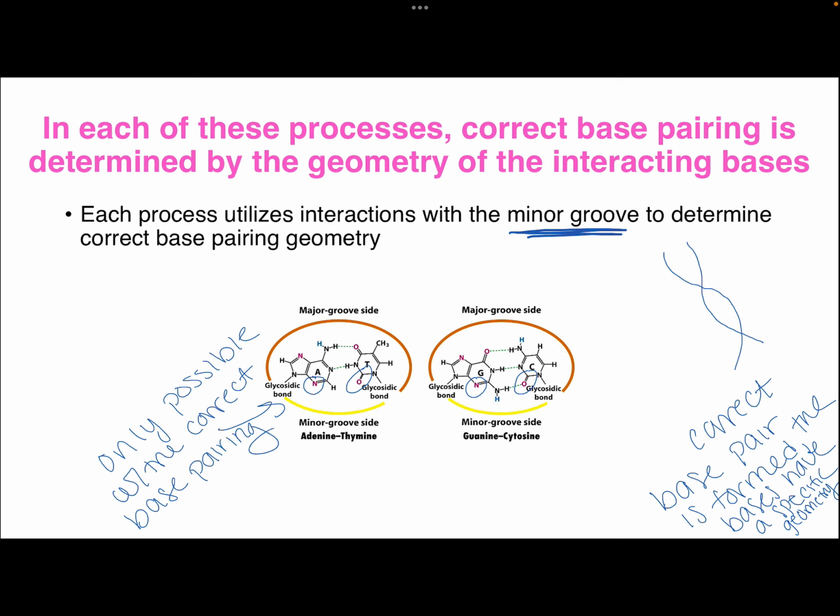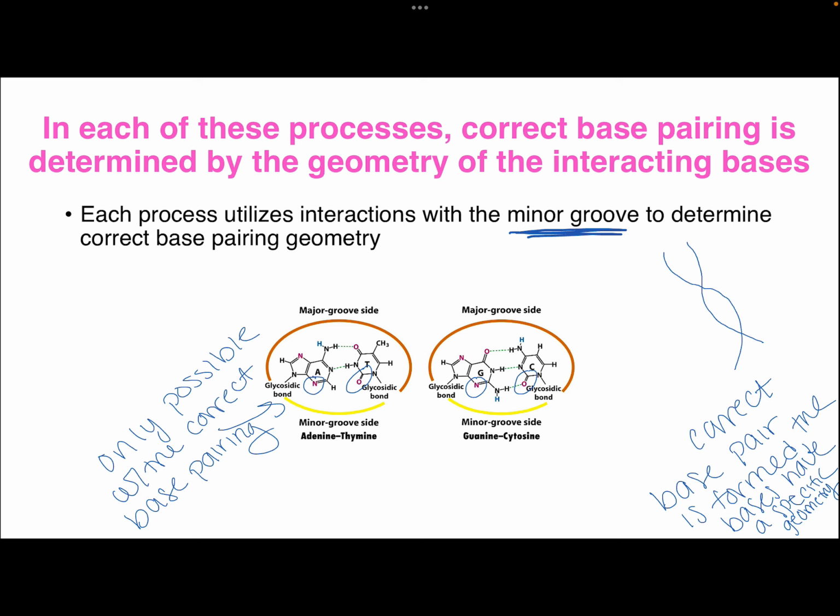Without the correct base pairing pattern, we can't have the proper interactions forming with the proteins involved in these processes. And so that building block, that nucleotide or amino acid, will not end up being added because it is incorrect.